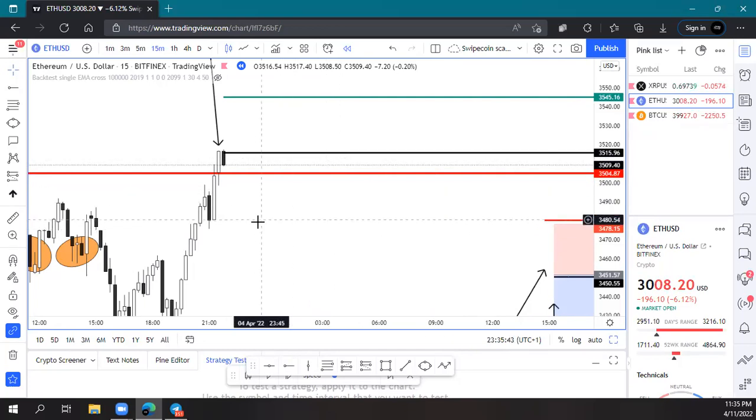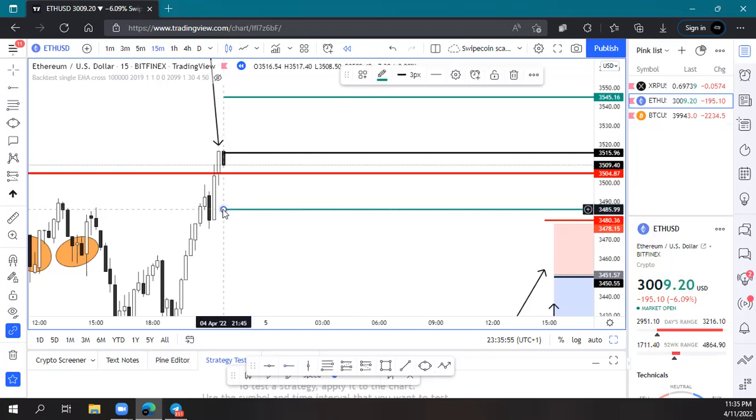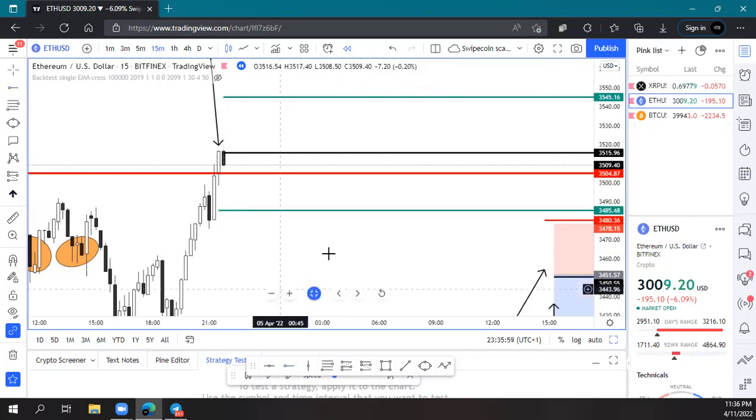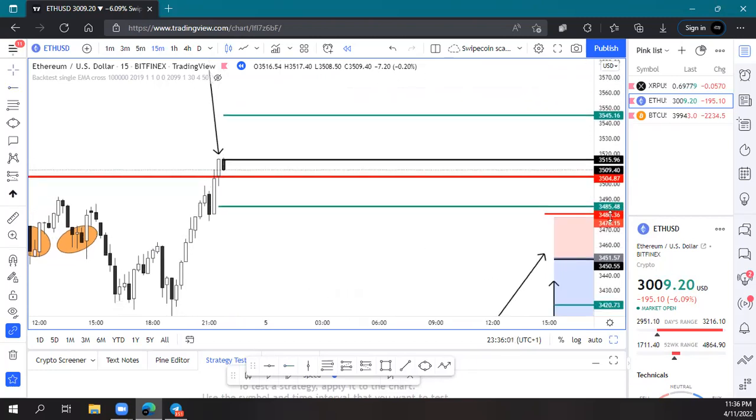Yeah, 3485. Right, I was correct. So 3485 should be my stop loss, somewhere around here. Let me just take it down a bit. Not trying to be perfect with it.